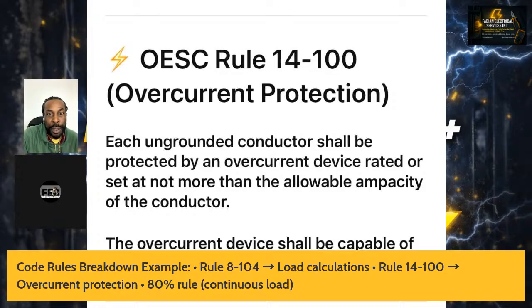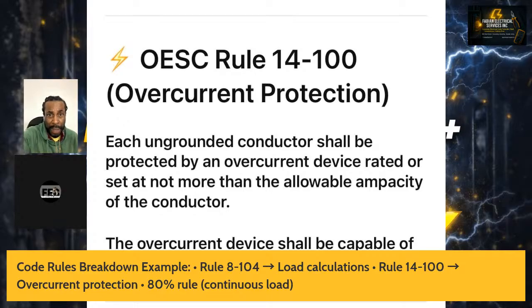The overcurrent device shall be capable of opening the circuit under fault conditions. That basically means you don't want any false conditions. You want it to be able to open without having any issues. You want the circuit to run smooth without having any issues at all.